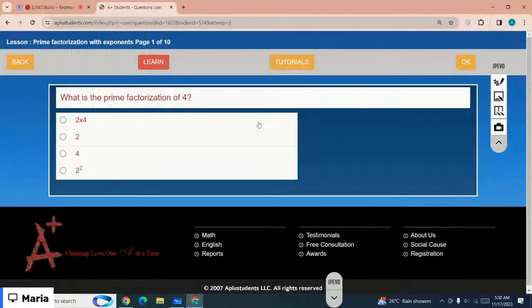What is the prime factorization of 4? Which is the correct option? The prime factors of 4 are 2 times 2, isn't it?